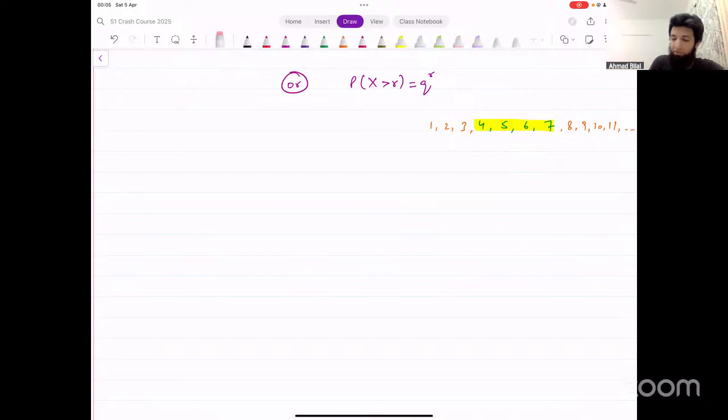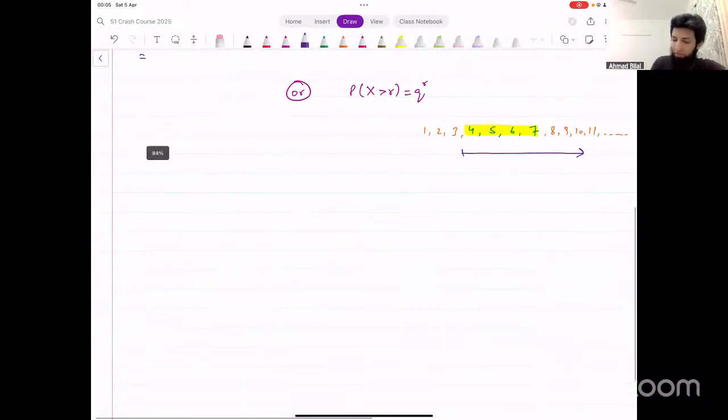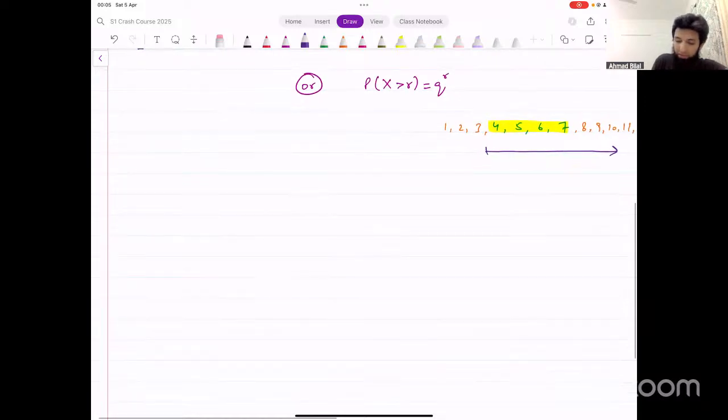One way to do this could be, let's find the probability for all of these numbers from 4 onward. How would you describe them? In greater than form, you could say it's all the numbers greater than 3, right? 4, 5, 6, 7, 8, 9, 10, 11, all the way up to infinity.